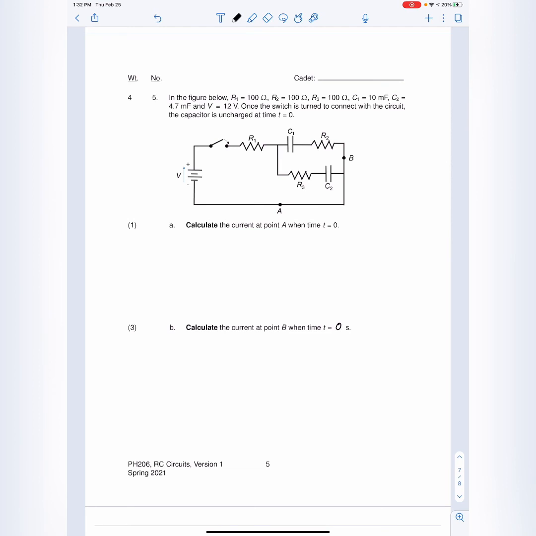If we had a time, let's say 0.5 seconds, we wouldn't be able to solve the current at position B, because this resistor affects the current of both I1 and I2, but then you have another resistor here that is affecting the current as well.